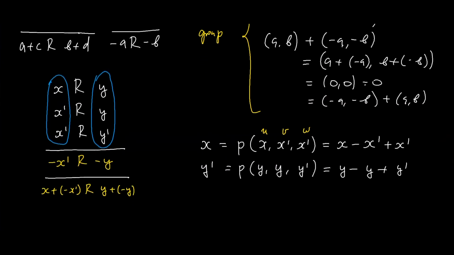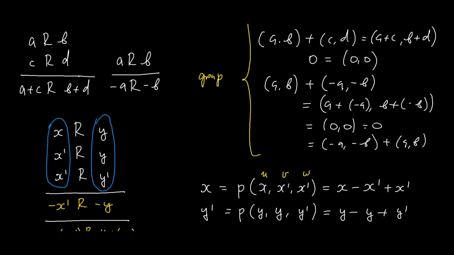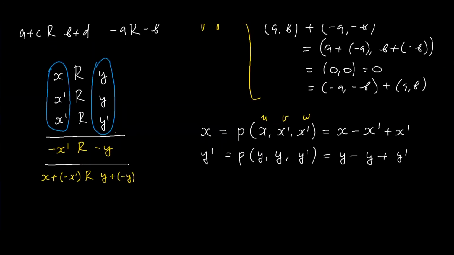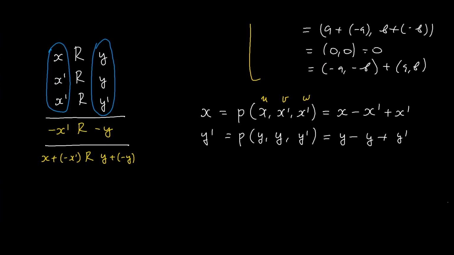And then we apply the same addition rule, but now we're going to add this thing we got with the third row. That was the one we hadn't used yet. And then we will get x plus minus x prime plus x prime r y plus minus y plus y prime.